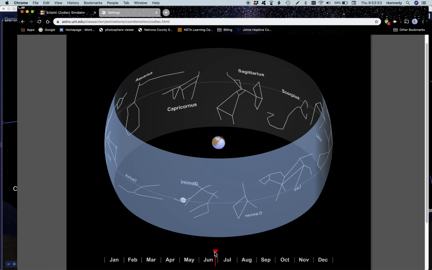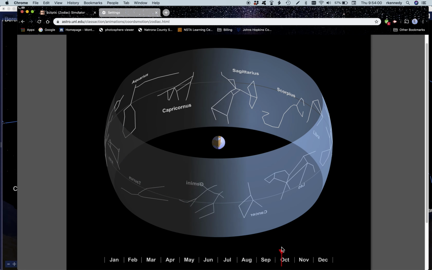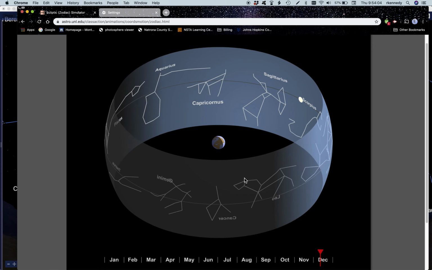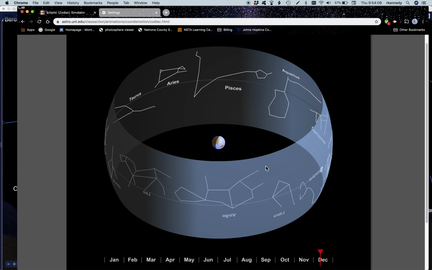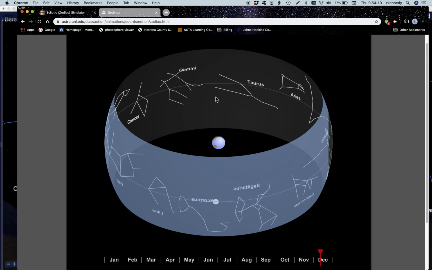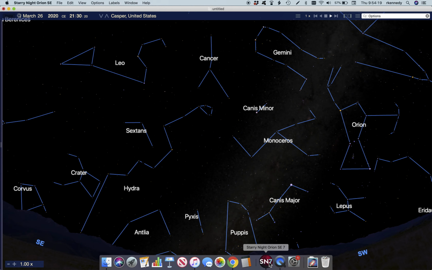So as we go through the year, the sun appears to drift through the constellations until we get to December, when we can see the constellation Taurus. Orion the Hunter is down here below Taurus and Gemini. And that is why we see different constellations at different times of year.